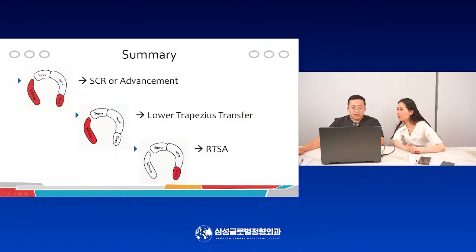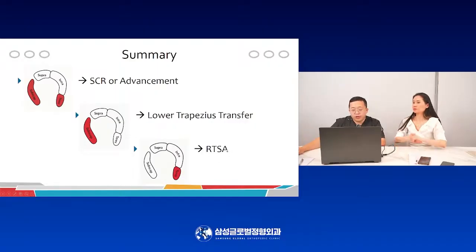But if there is involvement of more than 2 tendons, more than 3 tendons, we have to consider the lower trapezius transfer. But if the tear involves the subscapularis also, a massive tear, and if the shoulder joint has changed to arthritic change, we have to consider reverse total shoulder arthroplasty.